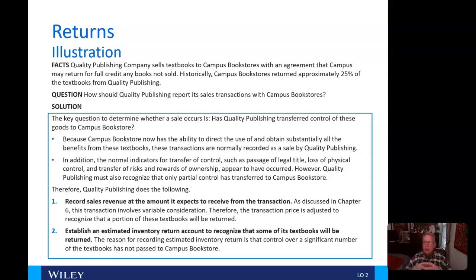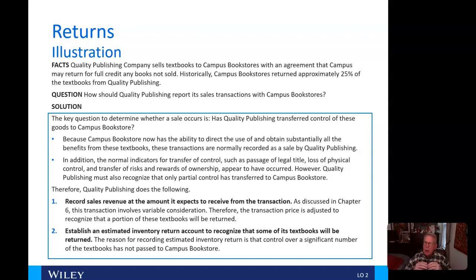So, how should Quality Publishing report its sales transactions with the campus bookstores? This is a little tricky. The key question to determine is whether a sale occurs. Has Quality Publishing transferred control of these goods to the campus bookstore?